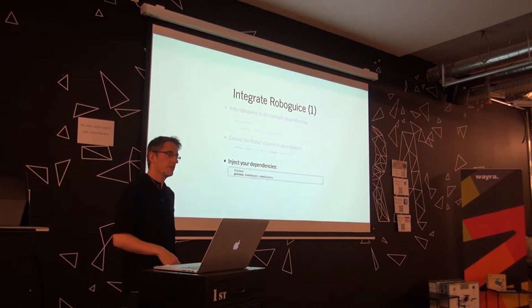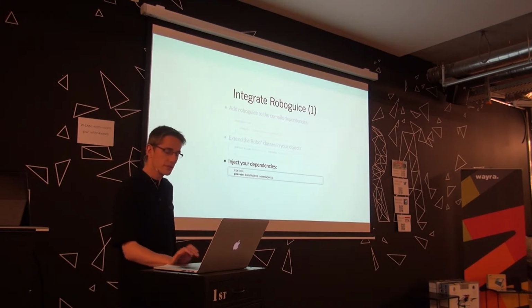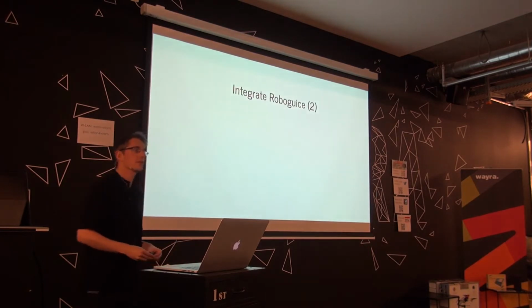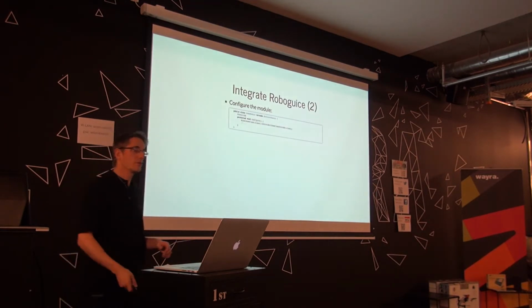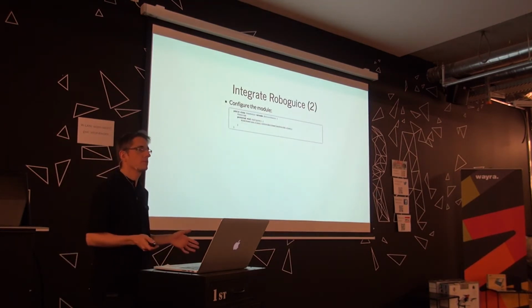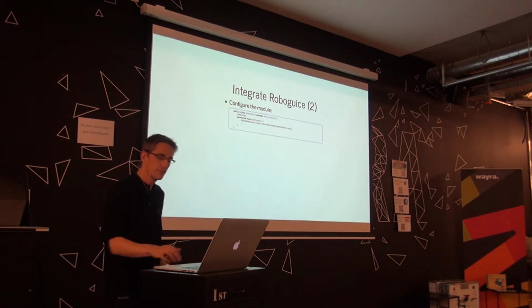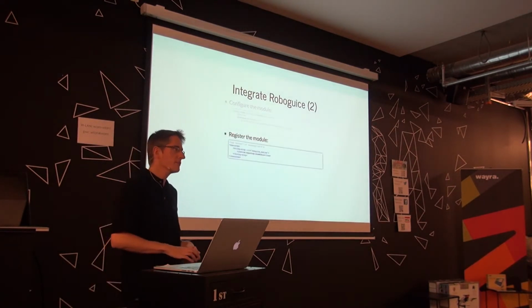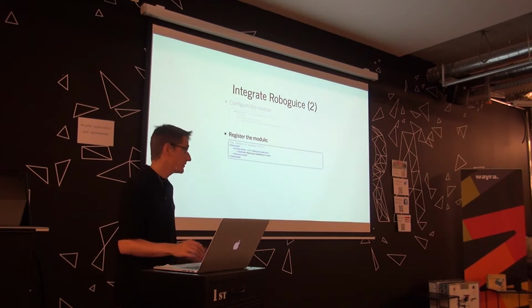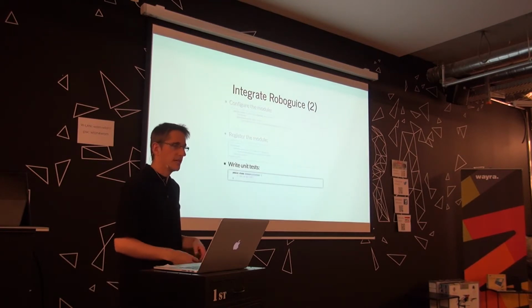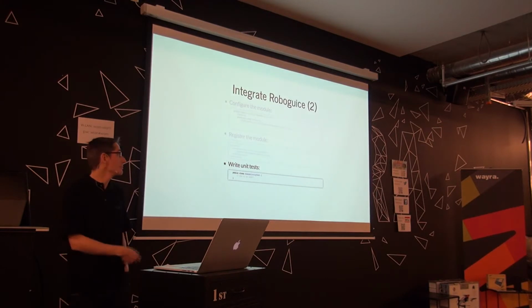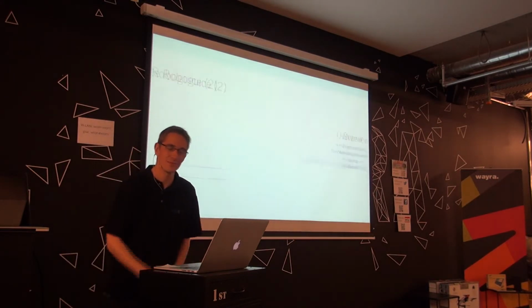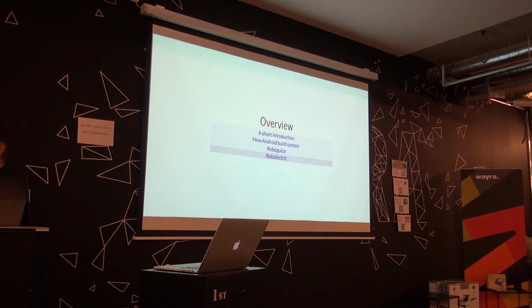Then you can inject your dependencies with the @InjectView or @InjectResource annotations. Then you can configure a module. You don't have to configure a module, but if you need it, you can do it. You can register the module then. This is important if you have one. And then you can start writing unit tests. So, how do we write unit tests? This is what Andreas is going to talk about.